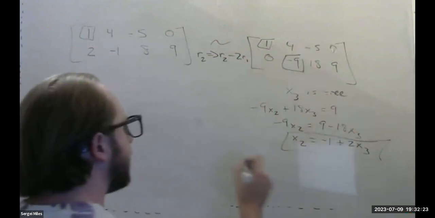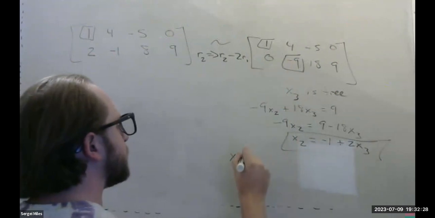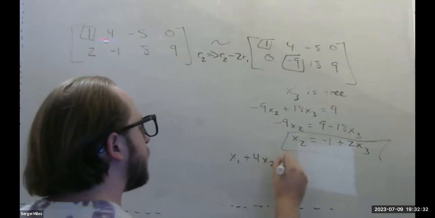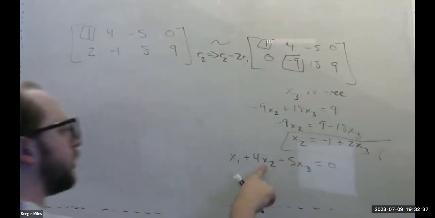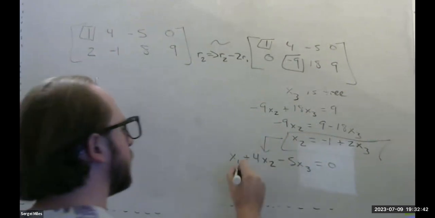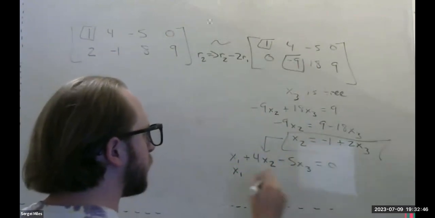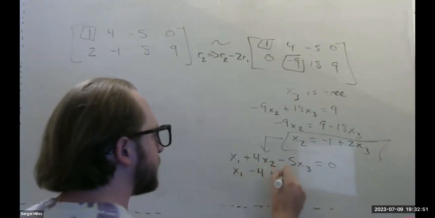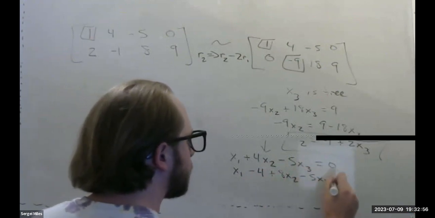What about x1? Again, this is the reason why I wanted to find x2 first. Because now when I write out the equation for row 1, I already know what x2 is, and so I can go ahead and plug in what x2 is based on what I did with row 2. So I have x1. I'm going to go ahead and distribute the 4 here. Minus 4 plus 8x2 minus 5x3 equals 0.